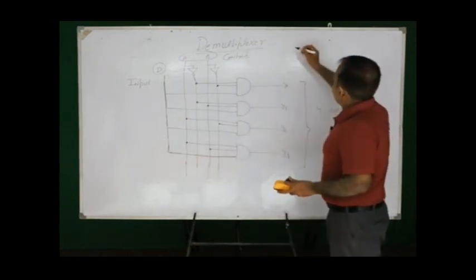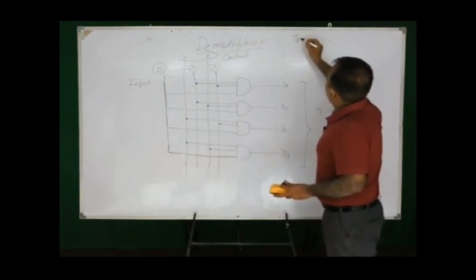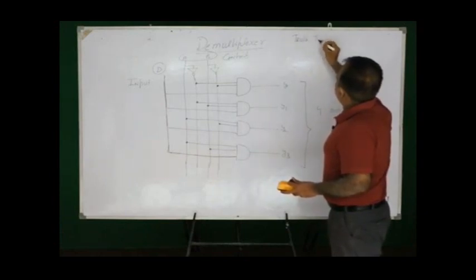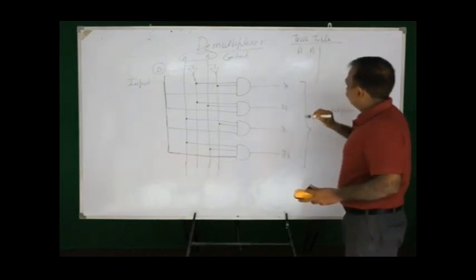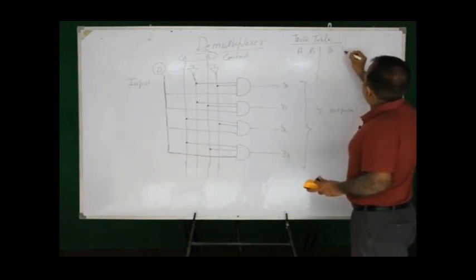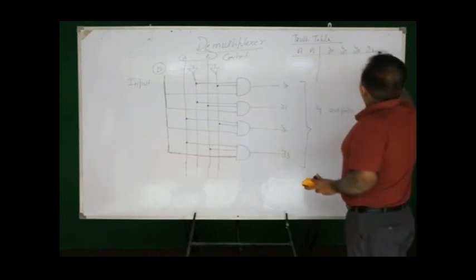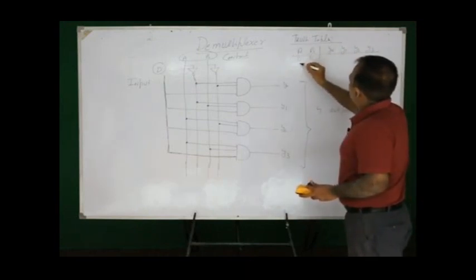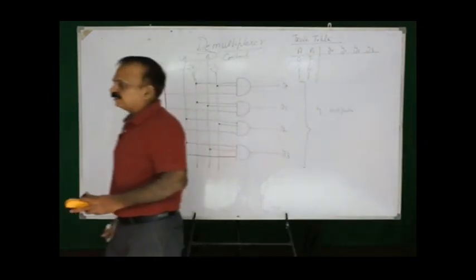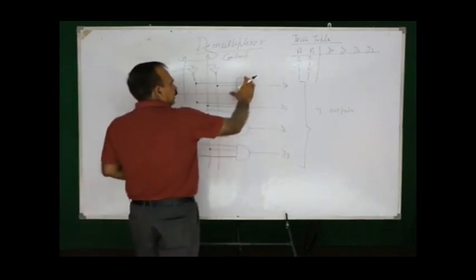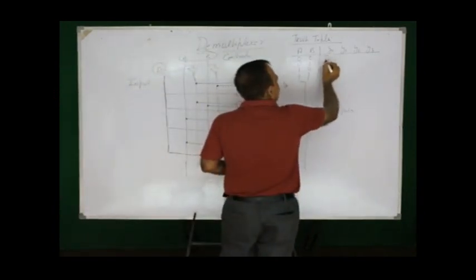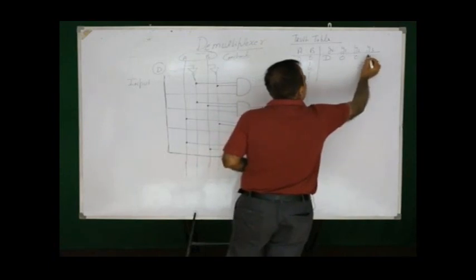Now this can be the truth table. As we know, a truth table is a table showing all input output combinations. So the inputs are A and B, and the outputs are Y0, Y1, Y2 and Y3. There will be 4 combinations: 0 0, 0 1, 1 0 and 1 1. When A and B are 0, this particular gate is working and the value of Y0 is equal to D, and all other outputs are 0.